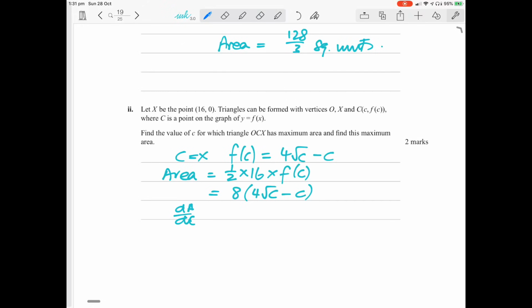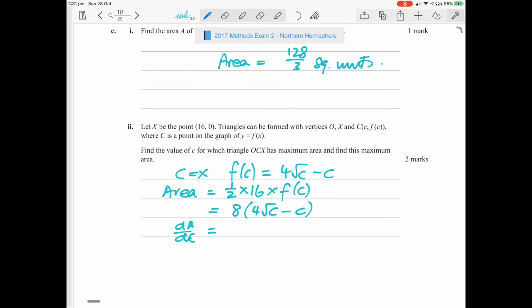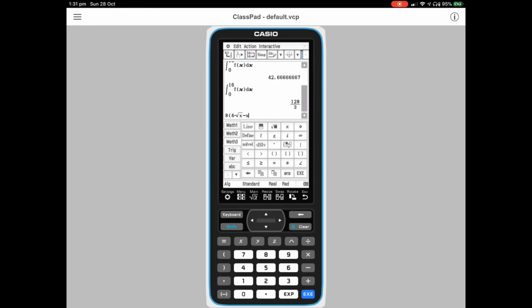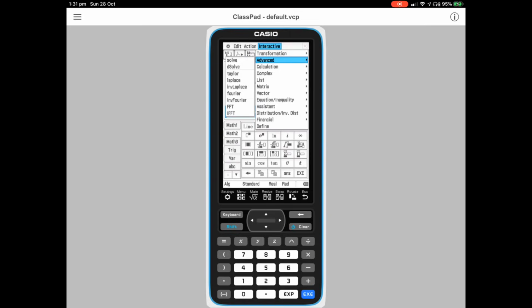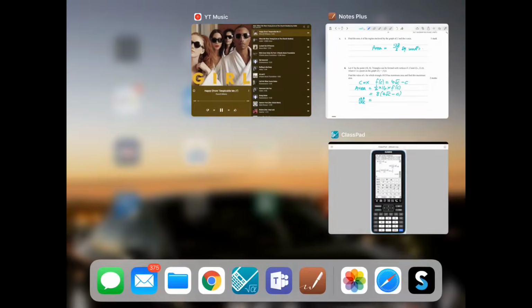dA dC is the derivative of that. If you set that equal to 0 and then solve, what was dA dC?